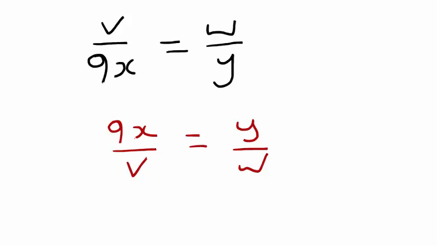Now I would multiply both sides by v, so that leaves us 9x on this side, and we multiply this side by v, so that leaves us yv over w.